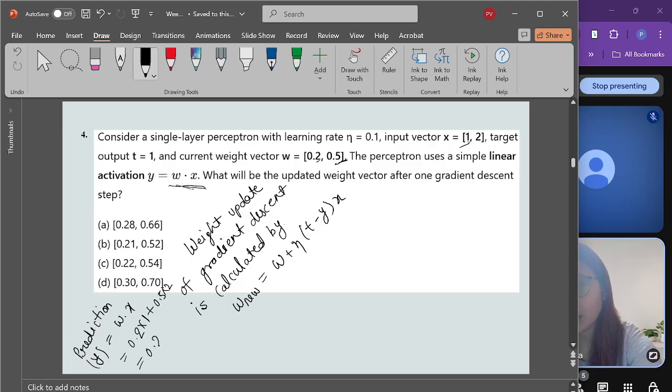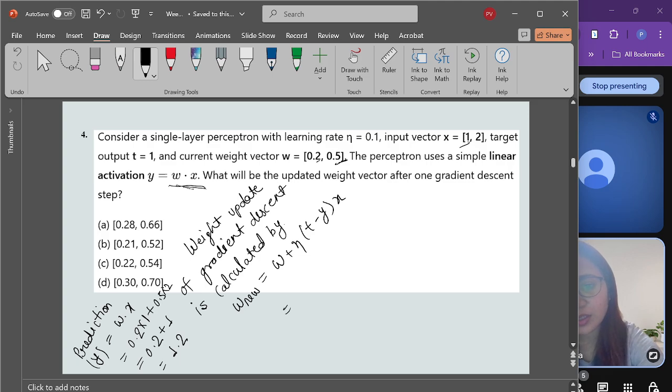So here you will get 0.2 plus 1, so overall we will get y as 1.2. Now we have calculated y, and the other values are already given here.